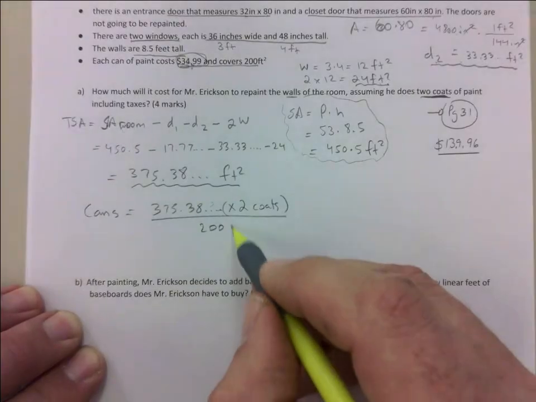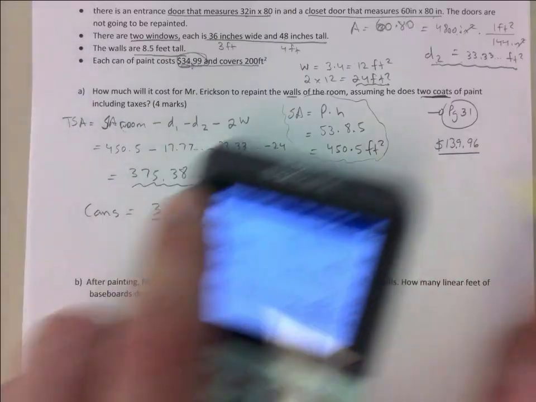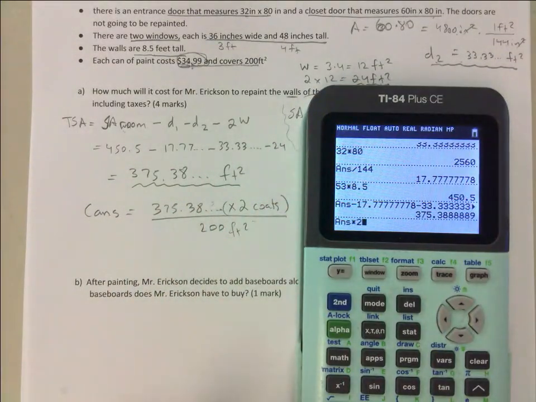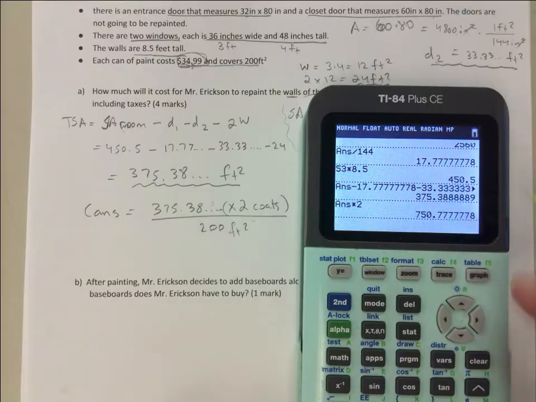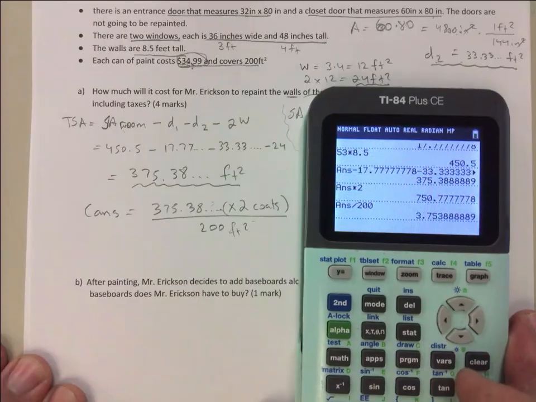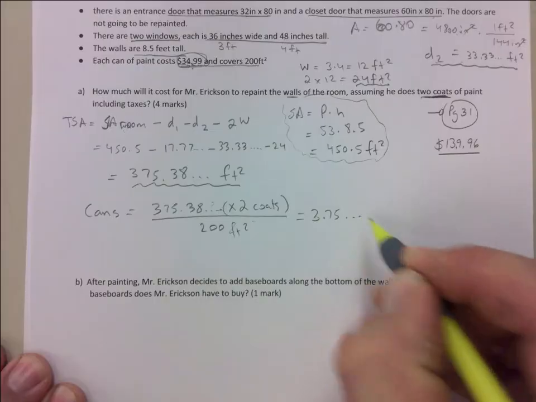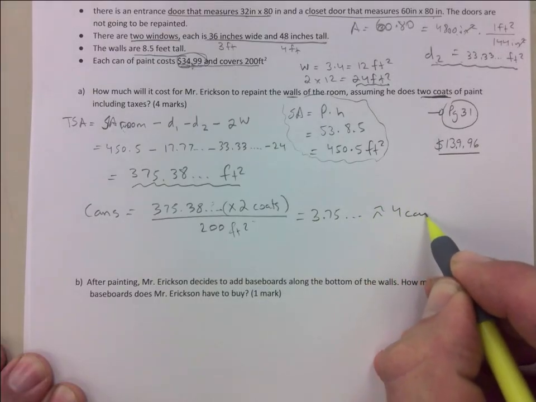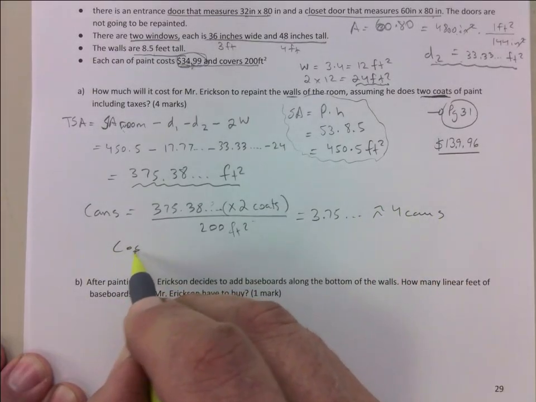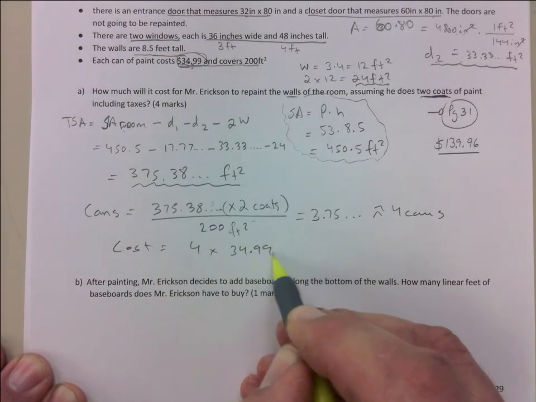But we divide it by 200 square feet. So basically, you just multiply that by 2 and then divide it by 200. So it's 3.75 something cans, okay? 3.75, which is approximately 4 cans. Here's the cost. 4 times $34.99.